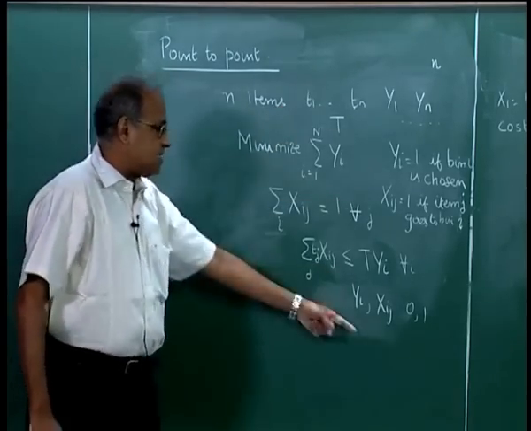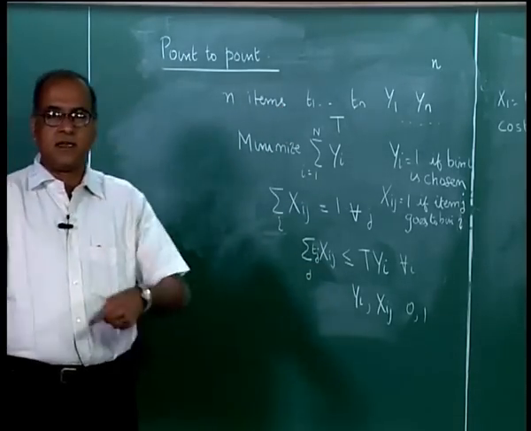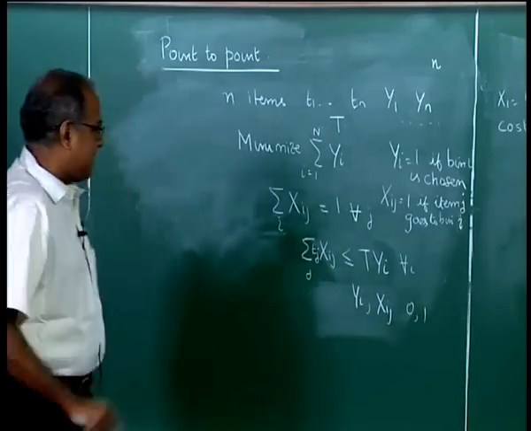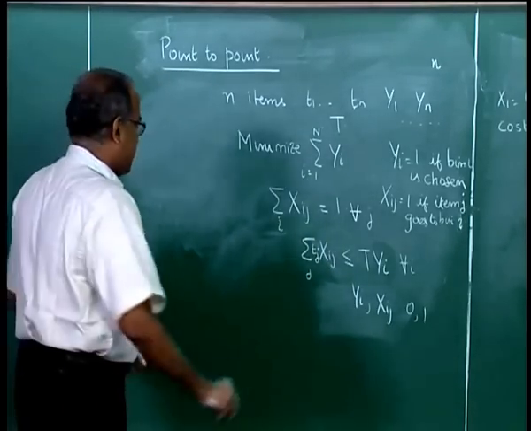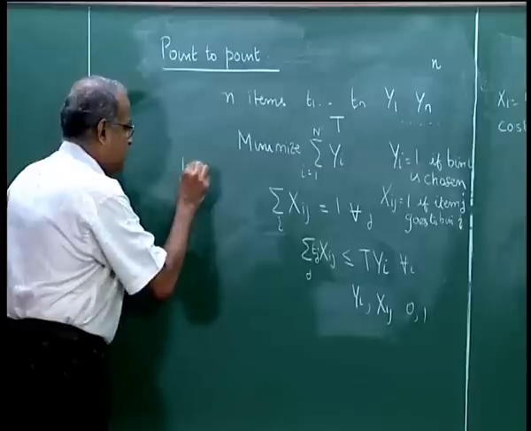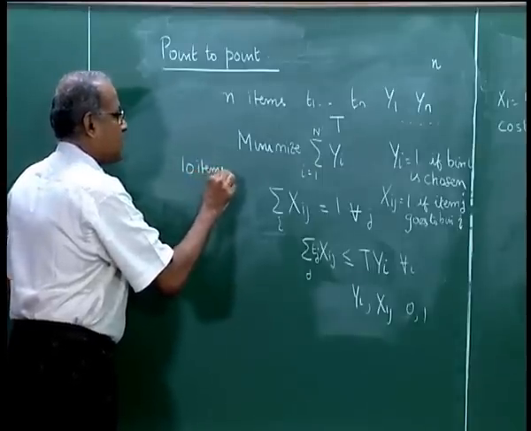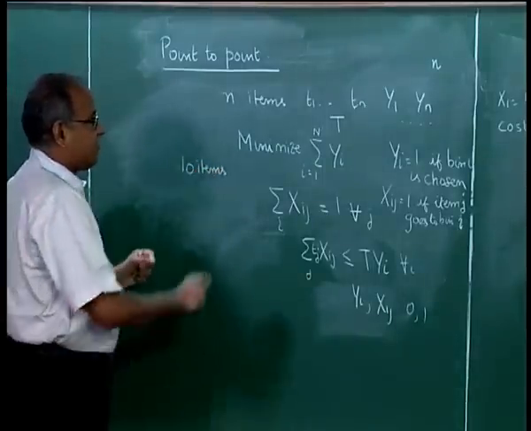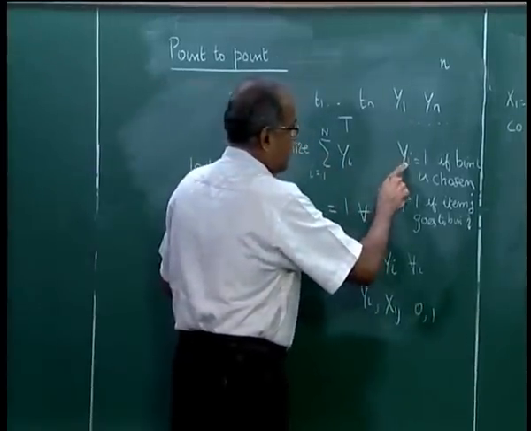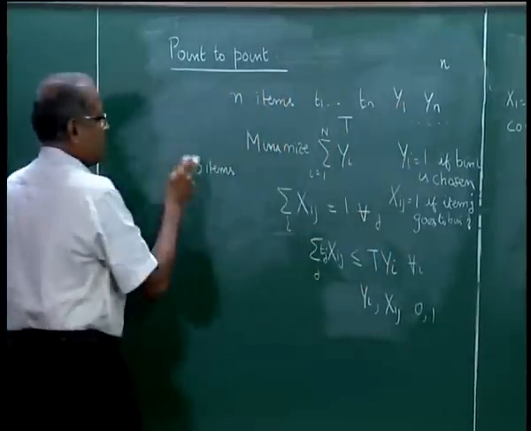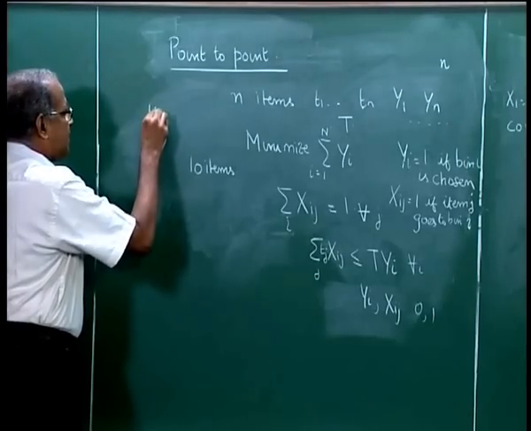Now, one can solve this bin packing problem to try and get the optimum solution, but the way we have formulated, for example, if we have 10 items, then we are now also defining yi. So, y will take 10 values and xij will take 100 values.